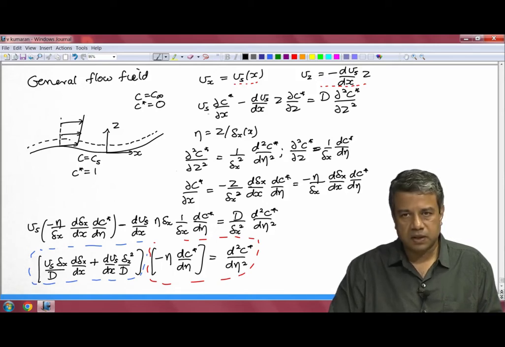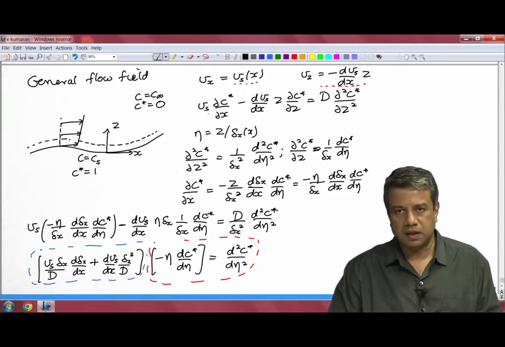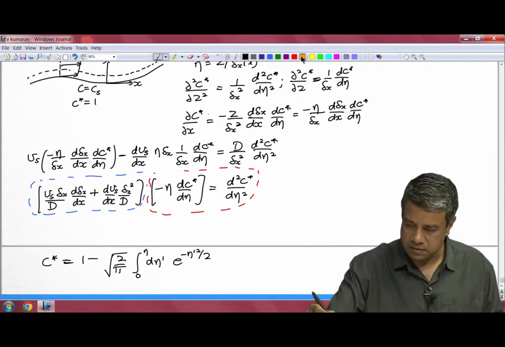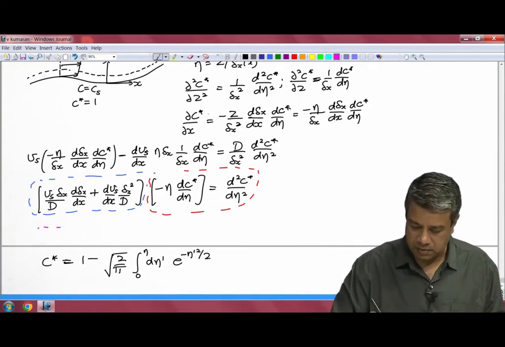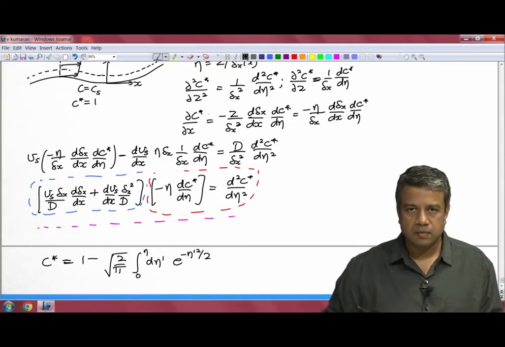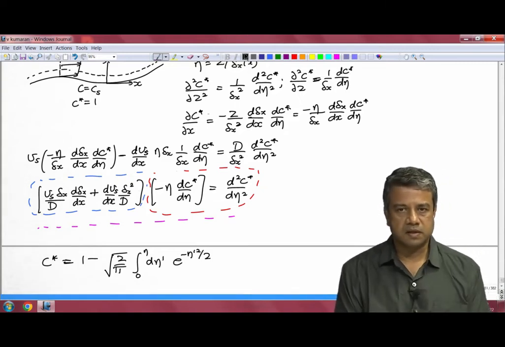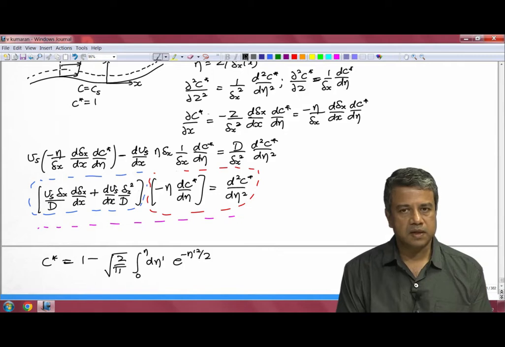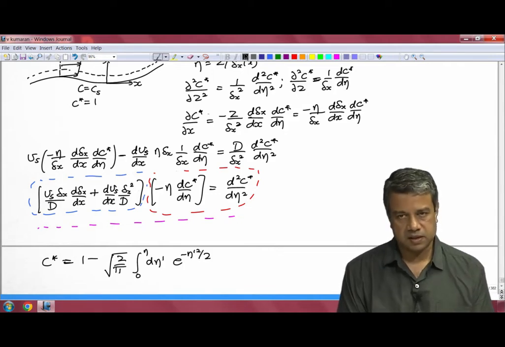We substituted that into the equation, expressed it in terms of the similarity variable, simplified, and divided by the prefactor of the diffusion term on the right, and this was the equation that we had obtained. The red part is the dependence of the concentration on the similarity variable. The blue part is the dependence of the boundary layer thickness on x.